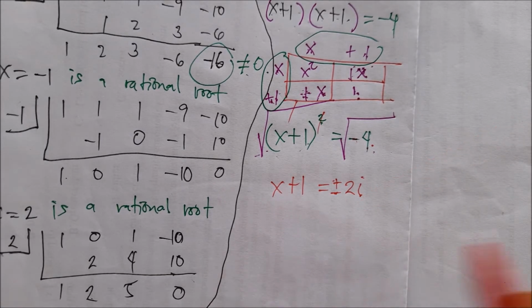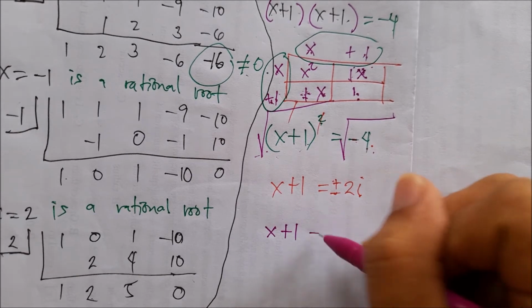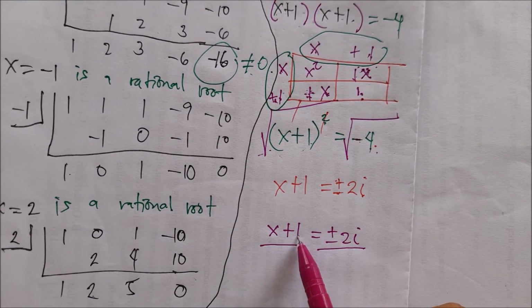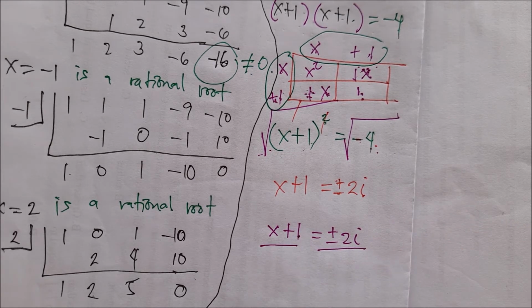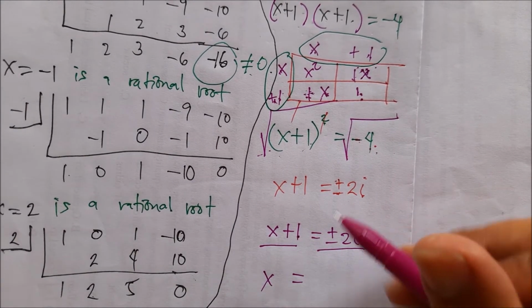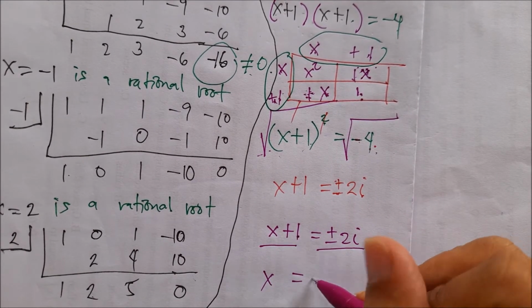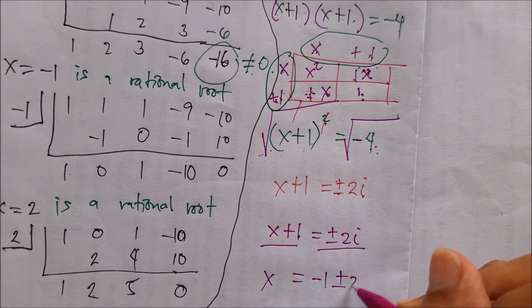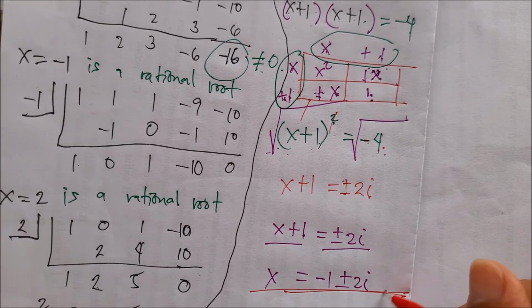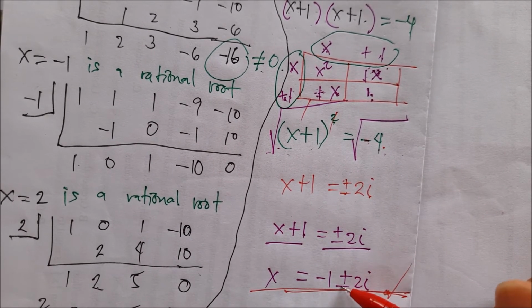We're not done. Continue. X plus 1 equals plus minus 2i. Then transpose the positive 1, since we need to find the roots. Then x is equal to negative 1 plus minus 2i. This is the final answer. Since plus minus, we have the results of positive and negative 2i.